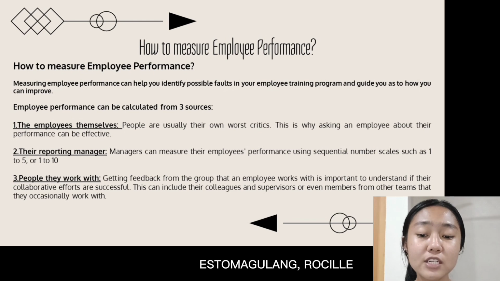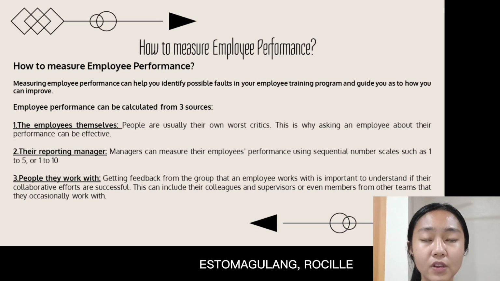When an employee finishes a task, they may be asked to fill out a form about how well and how quickly they did the task. This will help them figure out where they are falling behind and help them in the long run. The second one is their reporting manager.